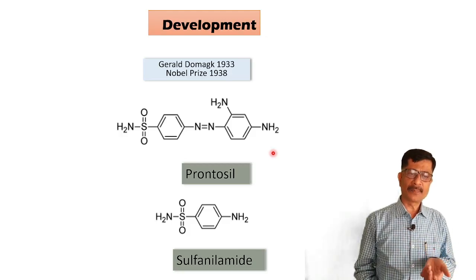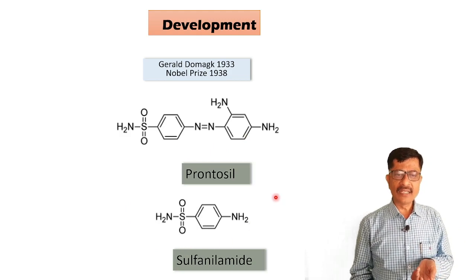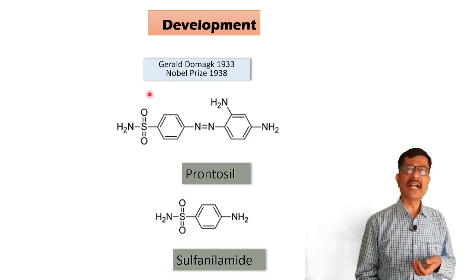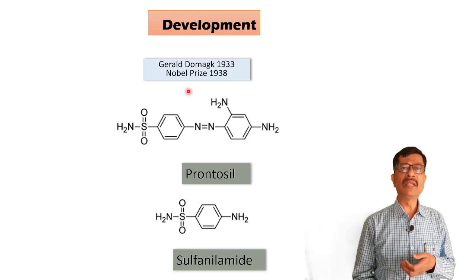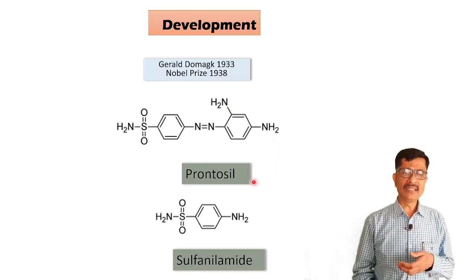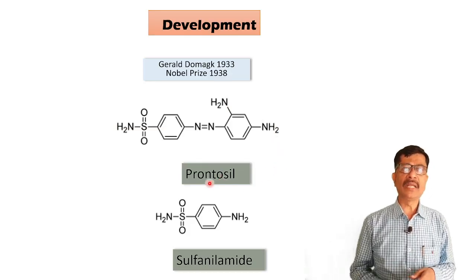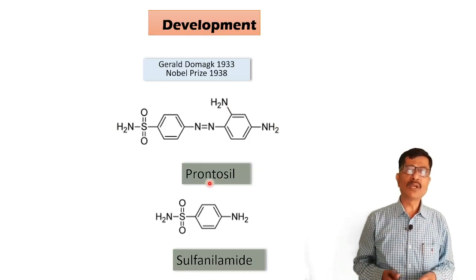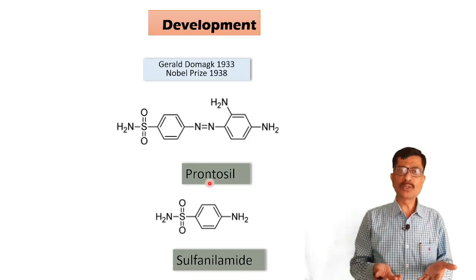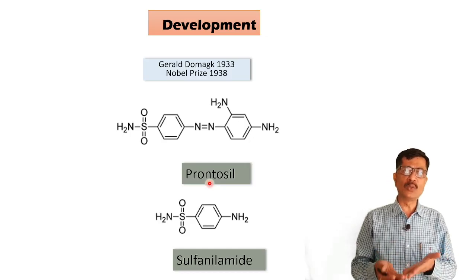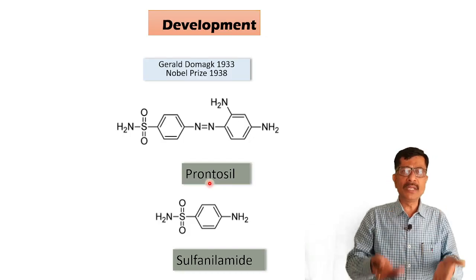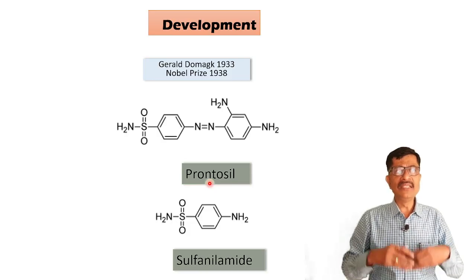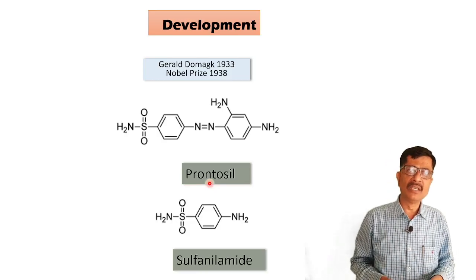But surprisingly, he observed that if prontosil is administered to a living system, then it shows an antimicrobial or antibacterial effect. Then he tried to find the reason why prontosil does not show activity outside the body, but shows antibacterial activity inside the body after administration.